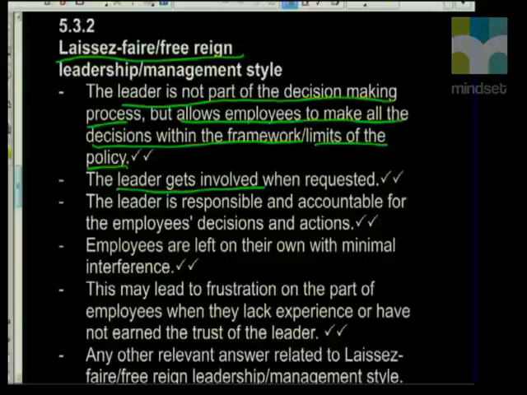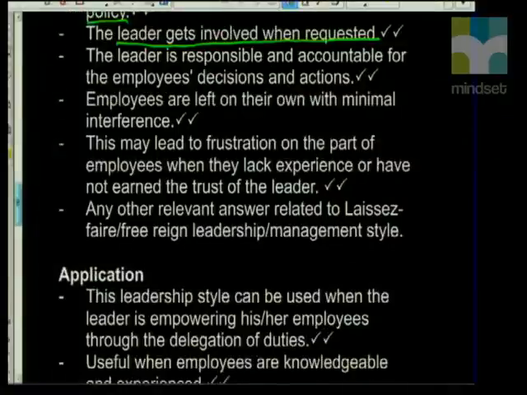The leader gets involved when requested. So this is an absent leader in the sense that only if they are required do they jump in, unless they are asked, and if they're not asked, they don't get involved. Next, the leader is responsible and accountable for the employees' decisions and actions.